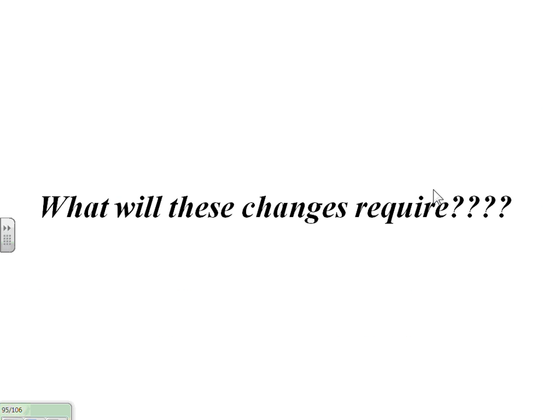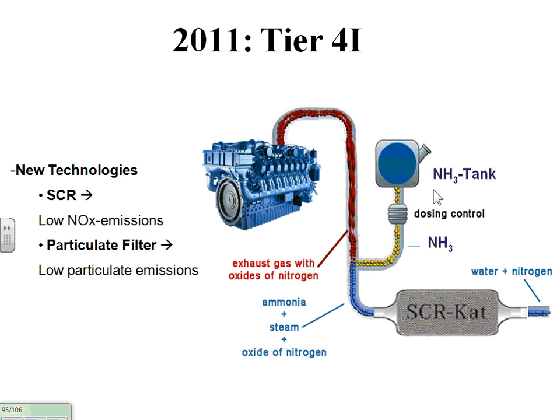What will these changes require? And this is from me as an engine supplier. It's going to have the SCR technology I told you about to lower the NOx. Particulate filter now, which is out here. This is the urea dosing tank that gets injected in there, and the output is going to be water and nitrogen. There's also a thing called a low particulate emission that's really not shown here.